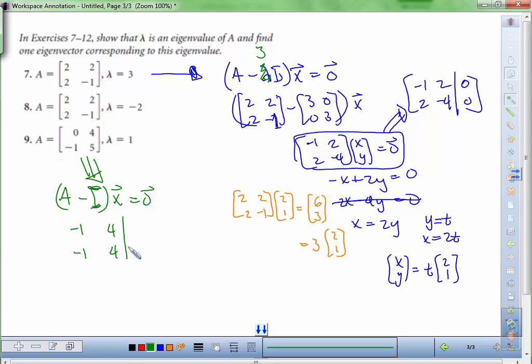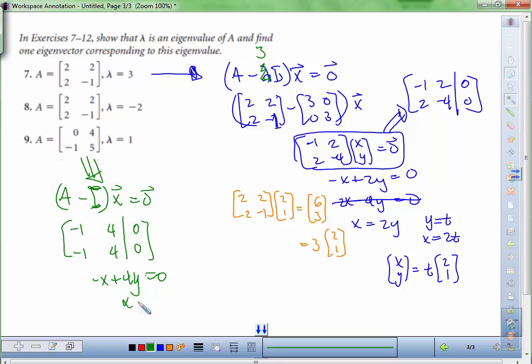So when you have your eigenvalue figured out, you're always going to have a null space. For a 2 by 2 matrix, the null space has dimension at least 1. Okay, so we have minus x plus 4y equal to 0.